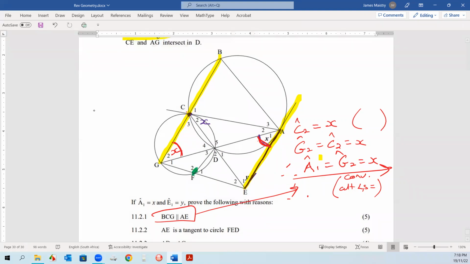So there's my F. And the line that we want to be a tangent there is AE. Now, if AE was a tangent, then E1 should have been equal to F1. Can everyone see that? Now, E1 is Y. Can I prove F1 to be Y?